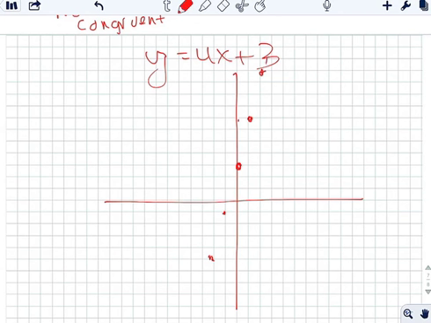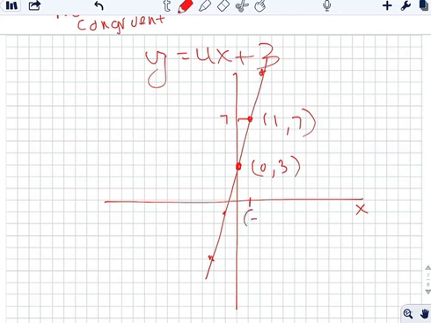You get a nice clean graph like this. Now, at x is 1, y is 7. So this point is 1, 7. So point 1, 7 is a solution to this graph because it is an answer on that line. And this here, 0, 3, is also a solution on that line.